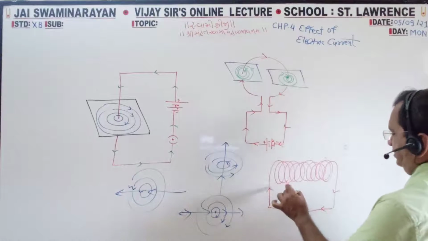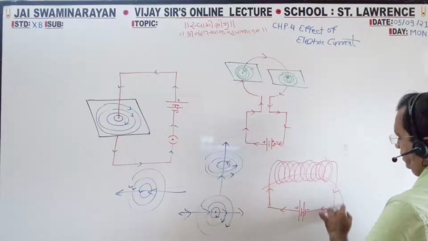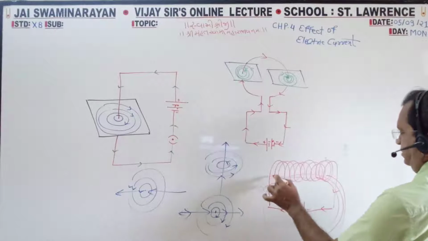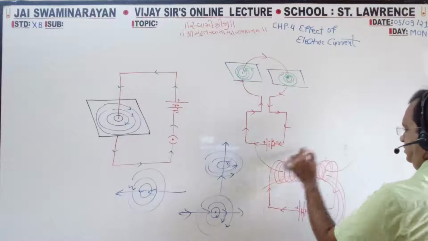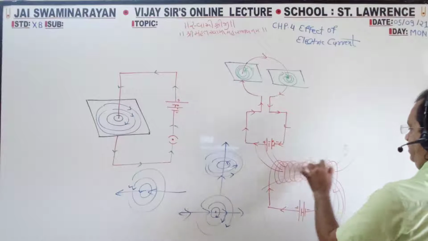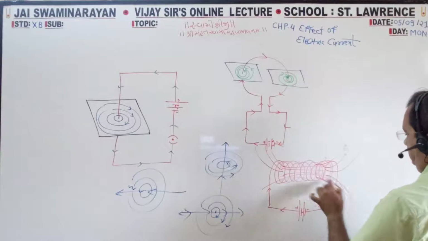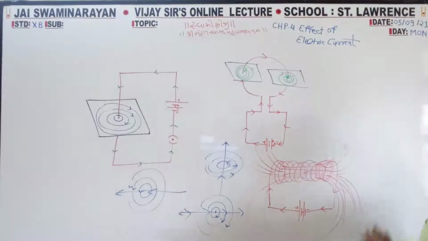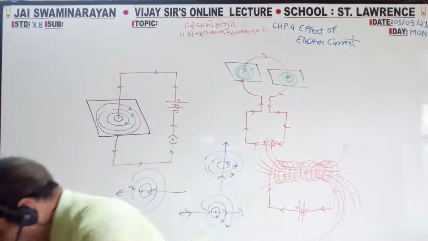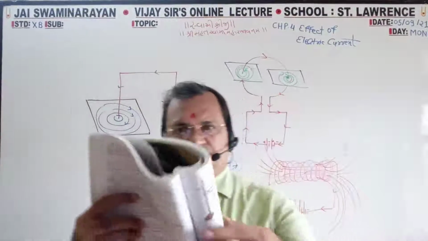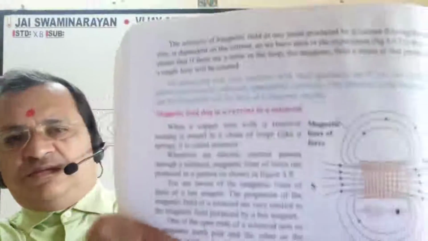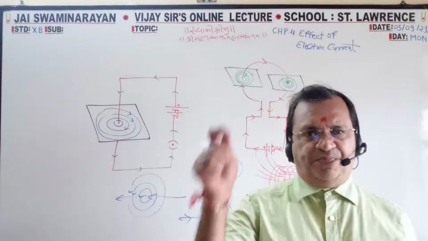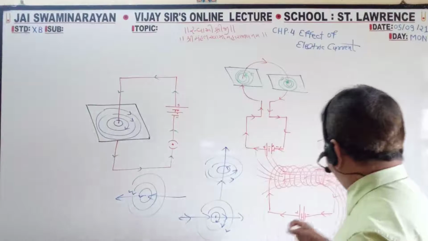So at this point, like this, like this, like this, upside also. Like this. This figure. It is a loop of copper wire.